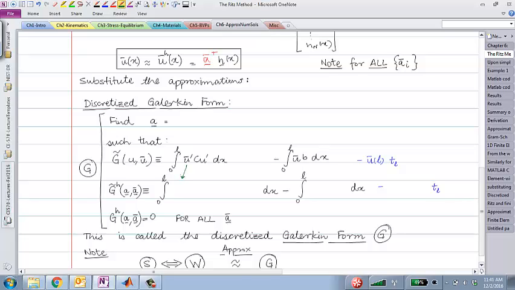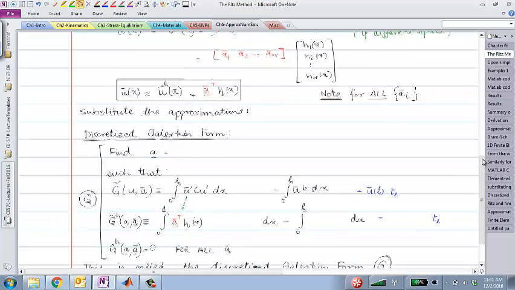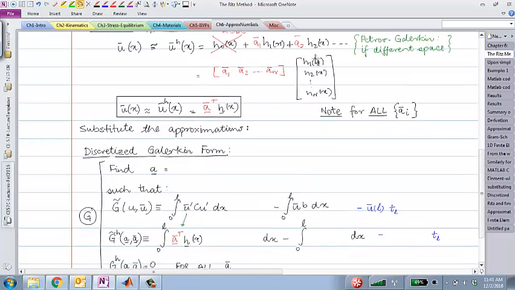The approximation for u bar, the virtual displacement, what is that? A bar transpose times h vector of x. Keep in mind this is a horizontal vector times a vertical vector. These a bar coefficients are arbitrary. We don't care really what their value is.